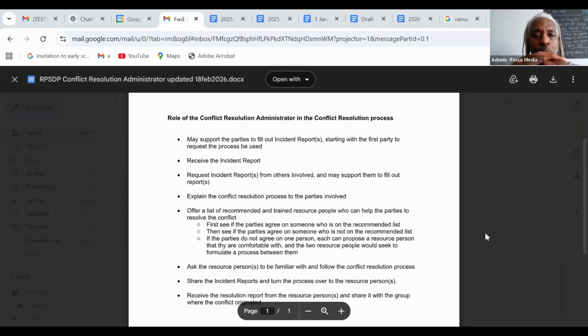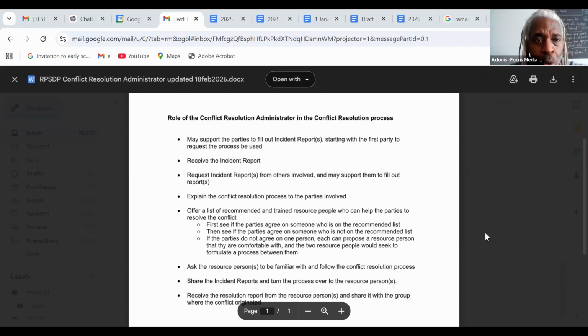Any further questions around this document itself? No, it's clear from my end. The main purpose of the longer document is to say what happens between those early steps and the end of the process, which most of it does not involve the conflict resolution administrator.